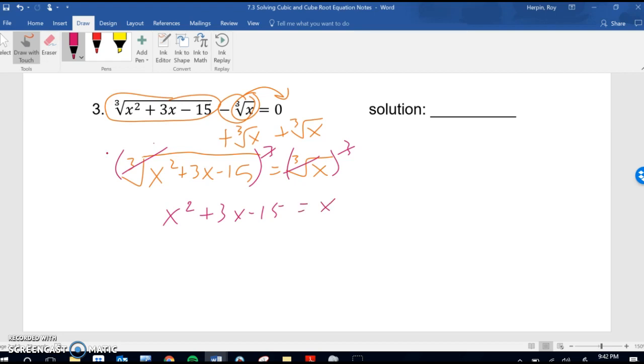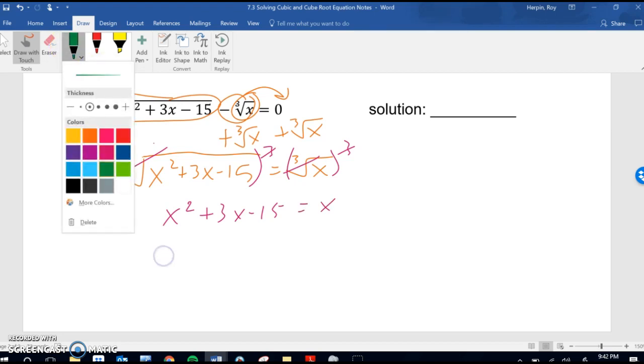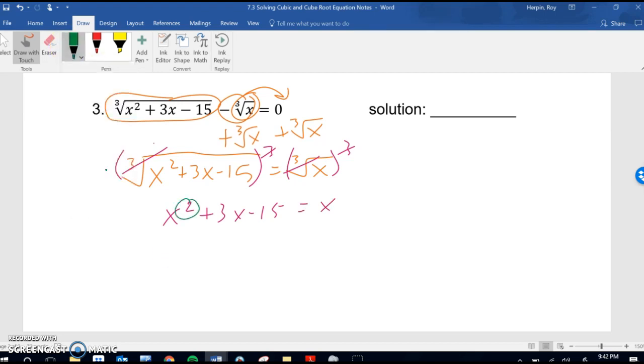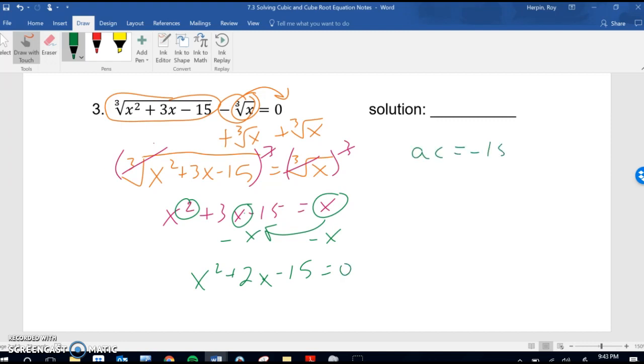But now the one thing you got to pay attention to with a problem like this is you have a squared term and a linear term. So that means we're going to have to factor it. So I got to move this over, set it equal to 0. I'm going to subtract x. So x squared plus 2x minus 15 equals 0. And now I can factor it using my ac-b table. So ac is negative 15, b is positive 2.